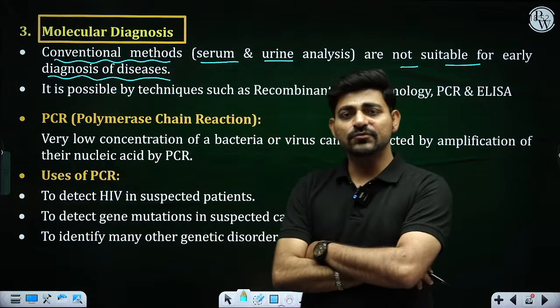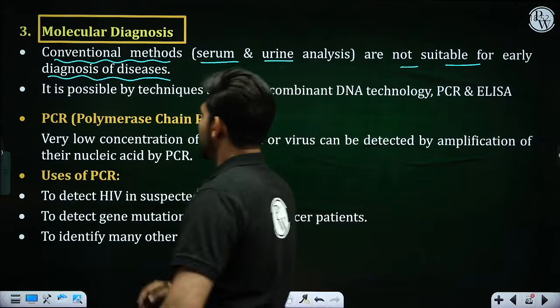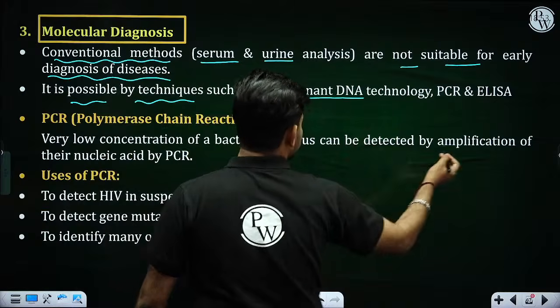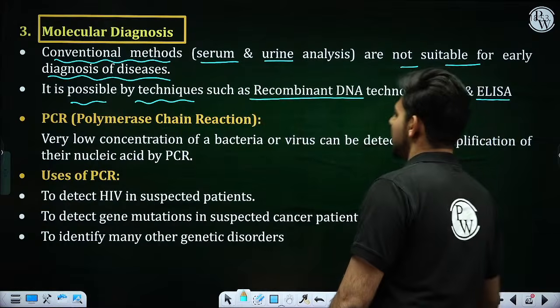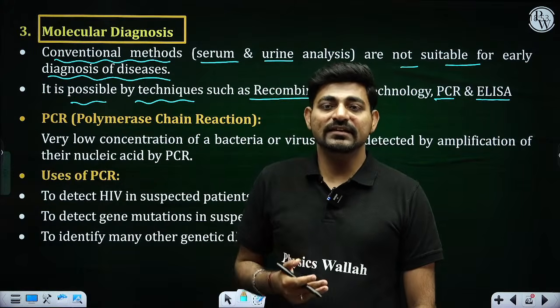At least you need few days to get the result, to get the reports. Okay. It is possible by techniques such as recombinant DNA technology like PCR, ELISA. Within few minutes you can get the result.